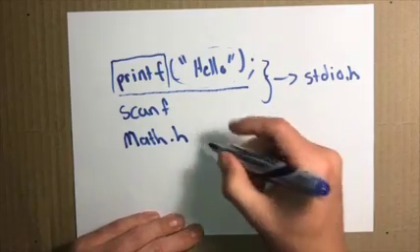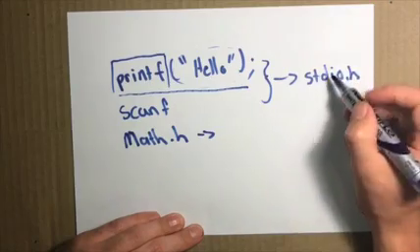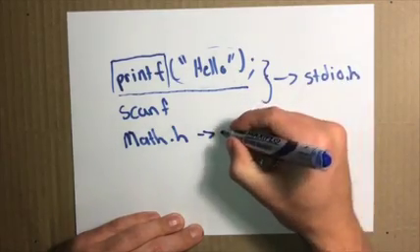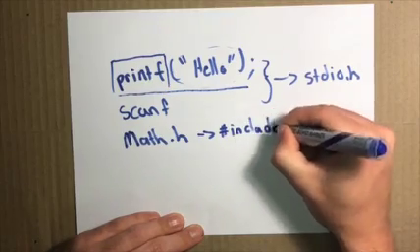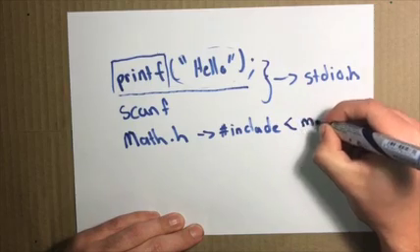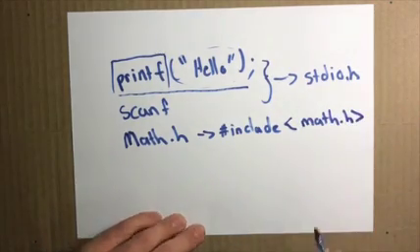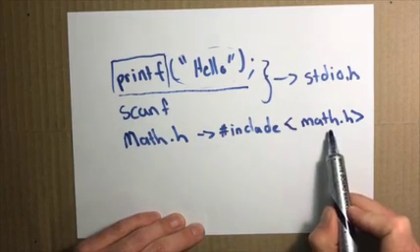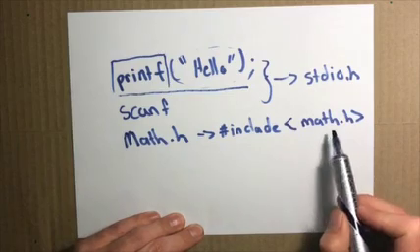So all you need to do is, after you include your stdio.h library, you just say #include math.h. And now you have multiple functionality in a mathematical sense.